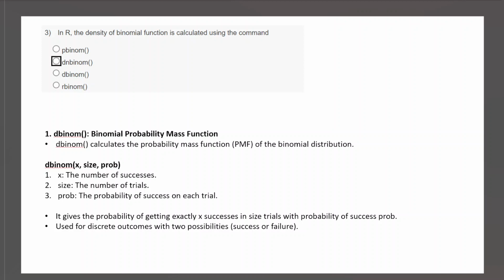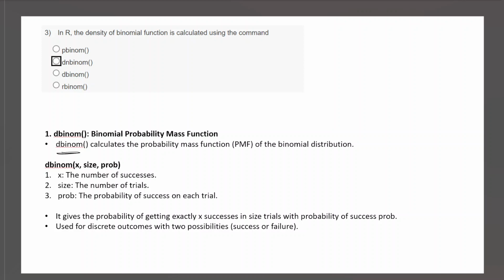So in R, dbinom gives the binomial probability mass function. When we use this command dbinom, it calculates the probability mass function of a binomial distribution.